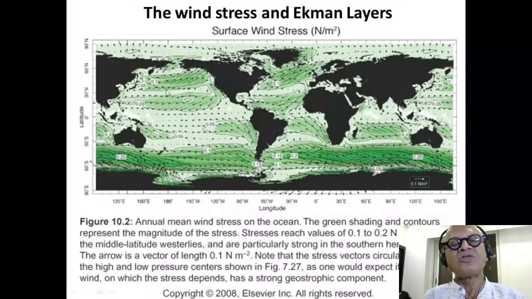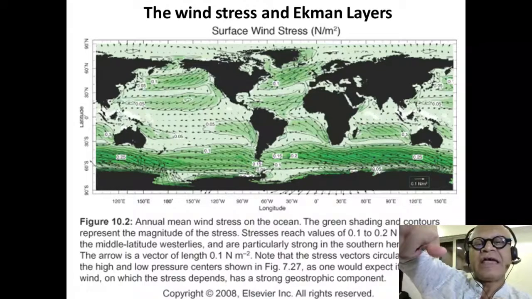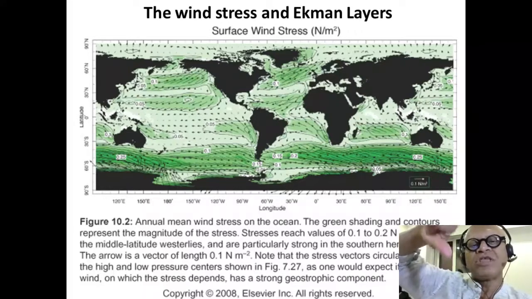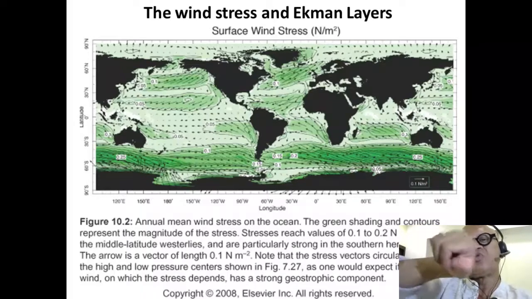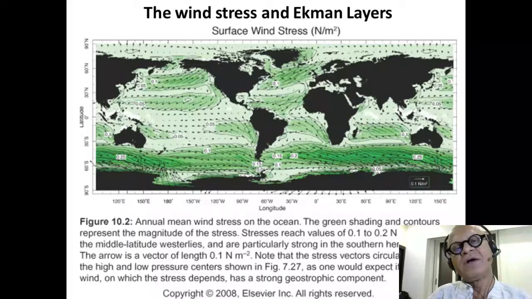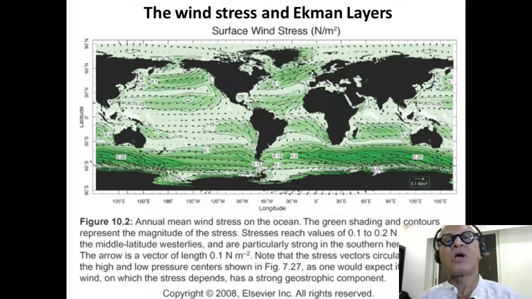So you can curl your fingers around the trade winds, which are northeasterly, and the westerlies. If you do that in the northern hemisphere, your thumb will point into the ocean, right? You can think of it as into the screen here. The z direction is up, so the curl is pointing into the ocean when you use your right hand rule. You should look up how to do the curls. We'll look at the mathematical formulation soon.